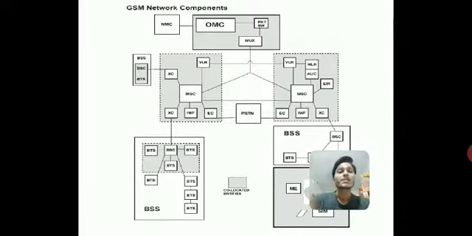This diagram shows GSM network components. These are the GSM network components: NMC, OMC, PKTSW, MUX. The GSM network components are divided into parts: DSS, BSC, BTS.